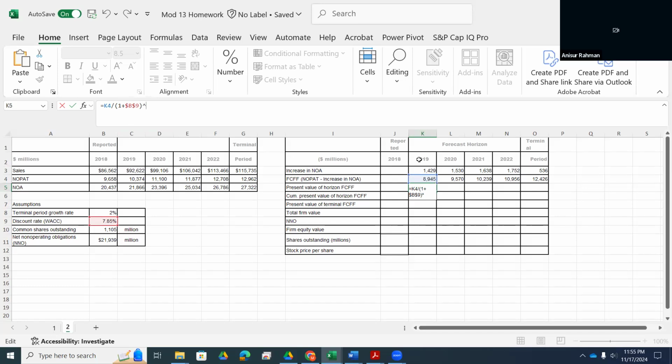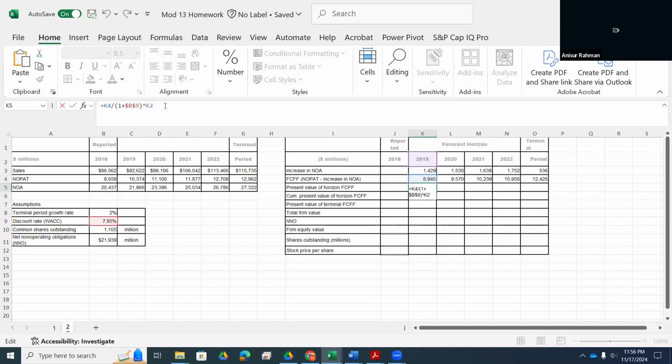I will choose this cell for now. I will replace this with the number 1 because this is the first free cash flow for which we are going to calculate the present value. Again, if your keyboard doesn't work, meaning if you press F4 and the B9 cell is not locked, you can manually enter the dollar sign, once here and another time here.